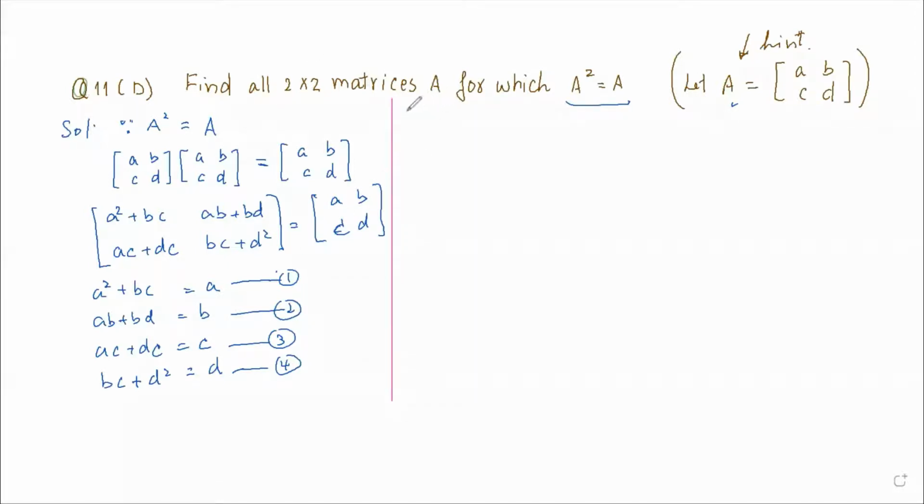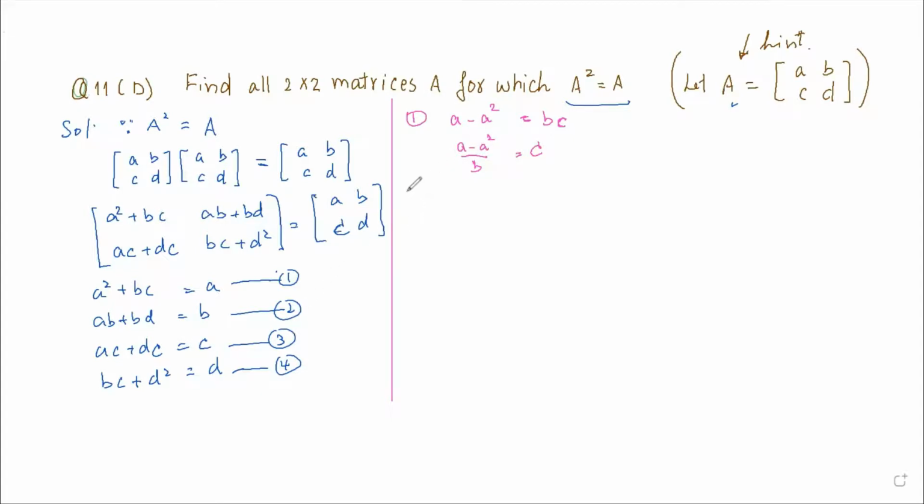From equation 1, we simplify: move A squared to this side, so it becomes A minus A squared equals BC. If we want to find C, we have (A minus A squared) over B equals C. I leave it that way first.